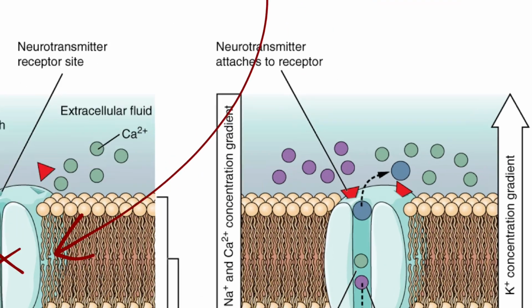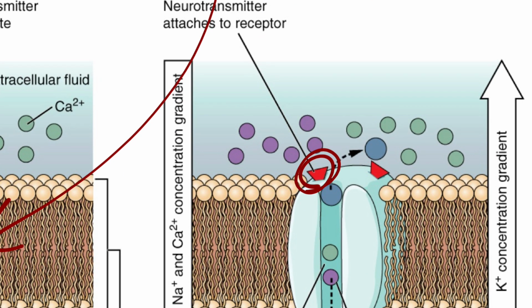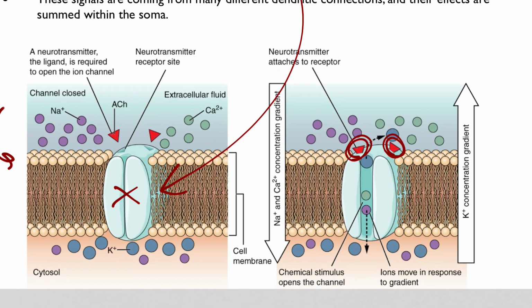As soon as the neurotransmitter binds, acetylcholine happens to need two molecules to bind to its receptor. When those acetylcholine molecules bind to the receptor, the ligand-gated channel, the gate opens, ions can move through, right? And so in this case, they're showing these ions moving from the outside of the cell to the inside because that's their gradient, right?